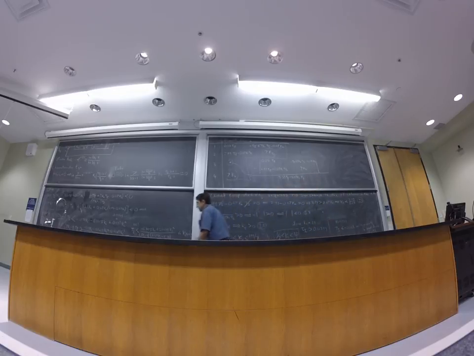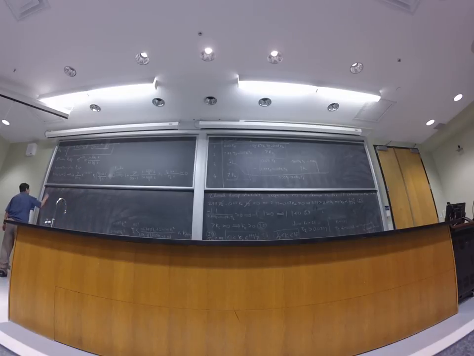Remember, G of 0 is the process gain. But steady state gain applies only when you have stability, right?